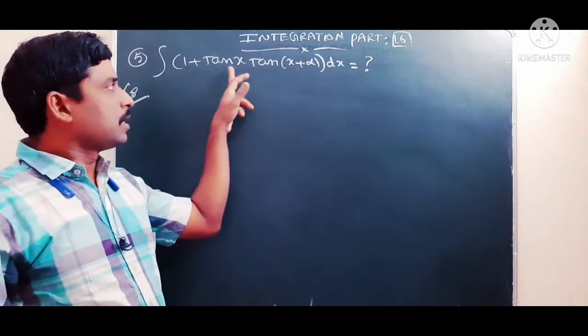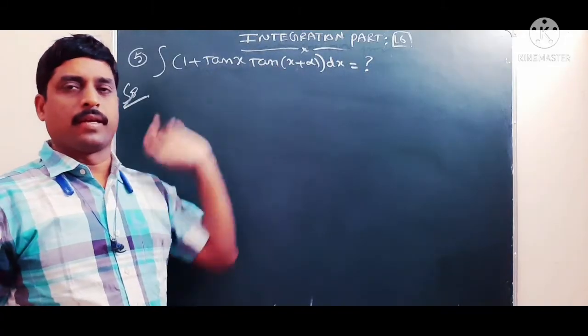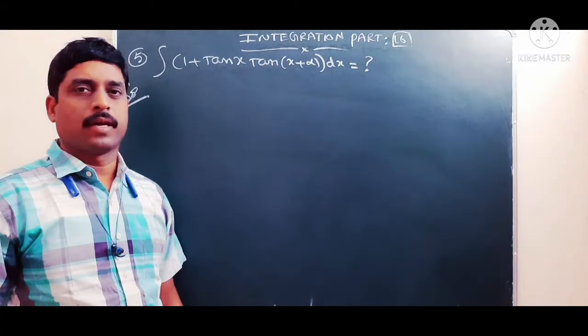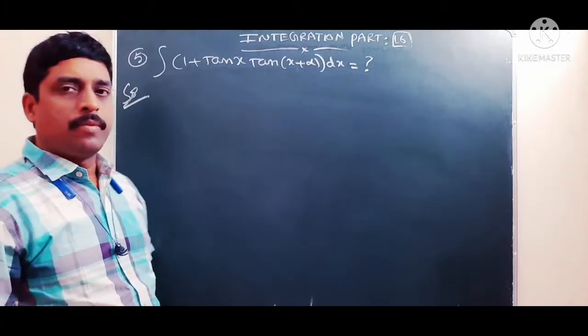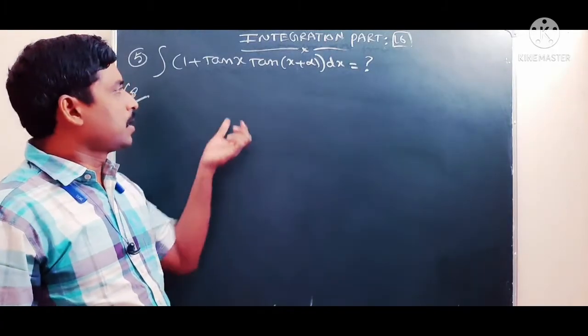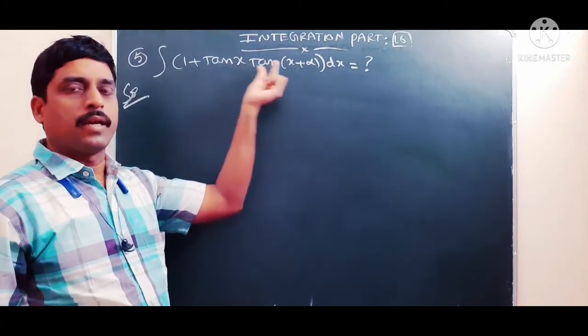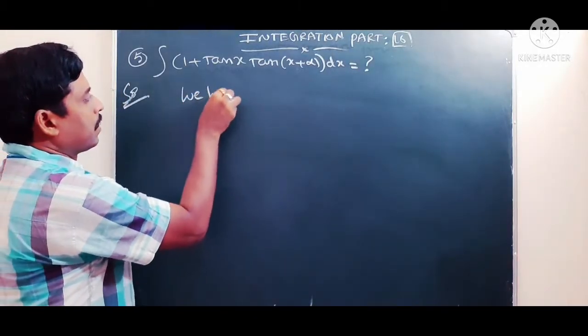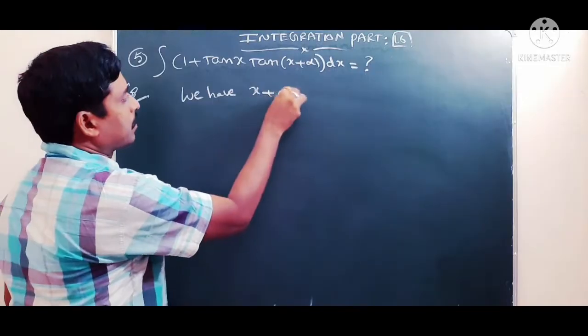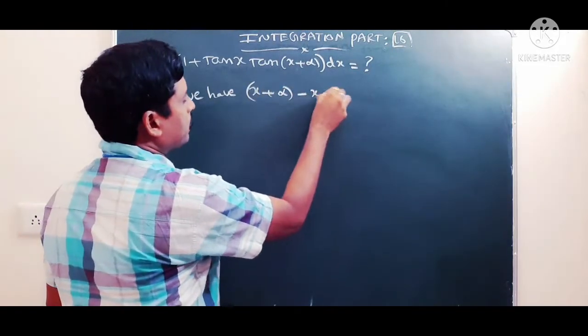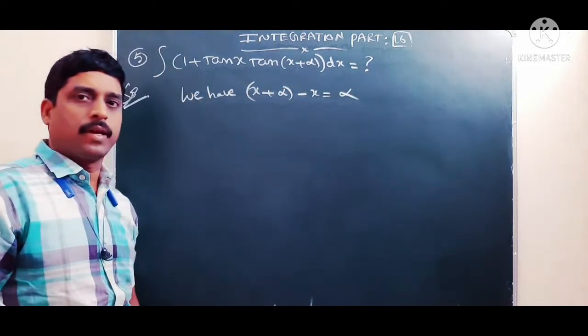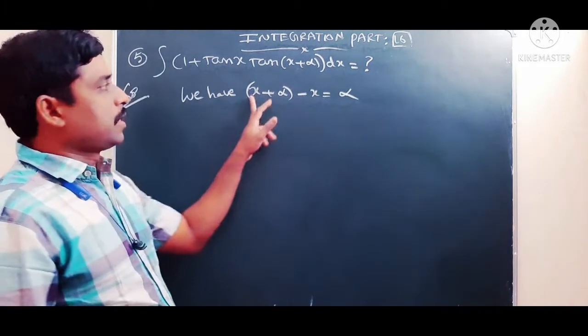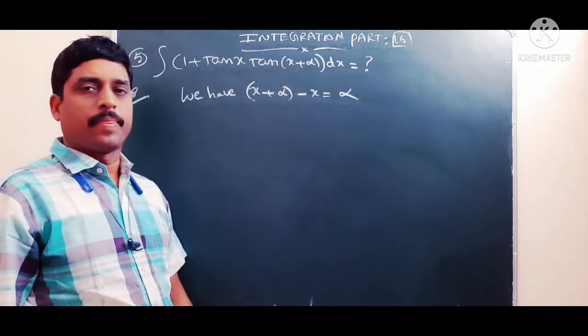Integral 1 plus tan x into tan x plus alpha dx. This is the type of problem. So let us take the relation between x and x plus alpha. We have x plus alpha minus x is equal to alpha. x gets cancelled, alpha is equal to alpha.